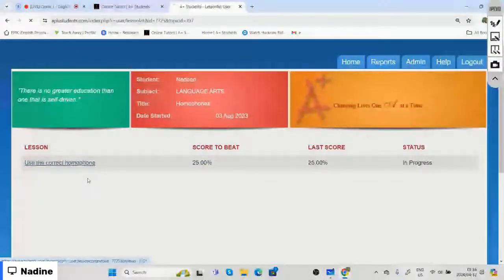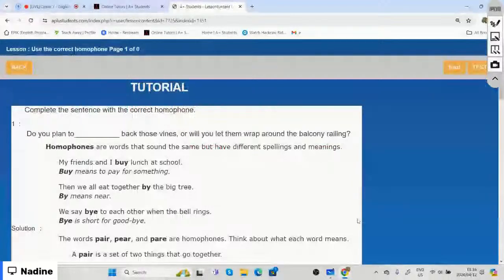Firstly, we're going to go over homophones again, and we said homophones are words that sound the same, but they have different spellings as well as different meanings.